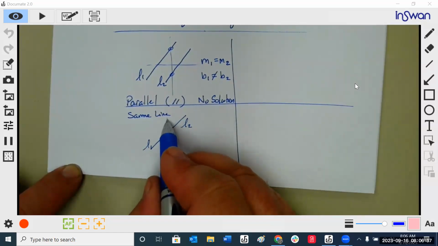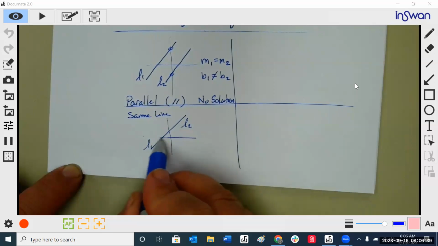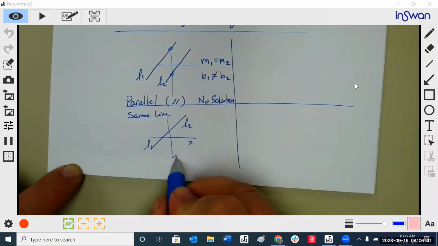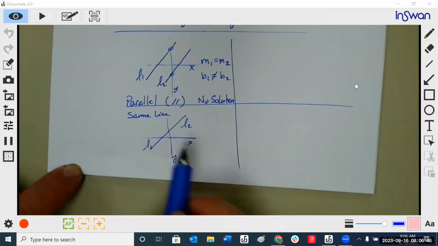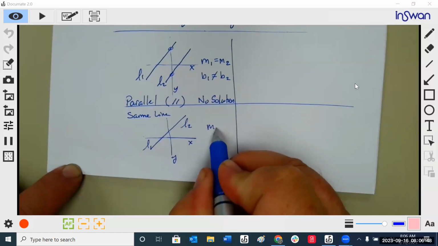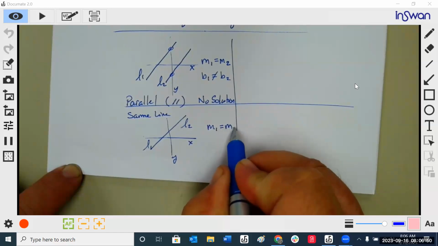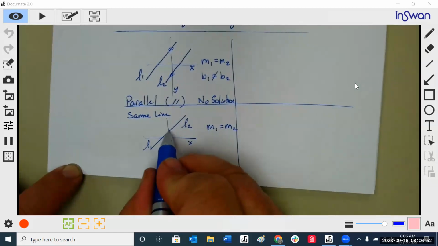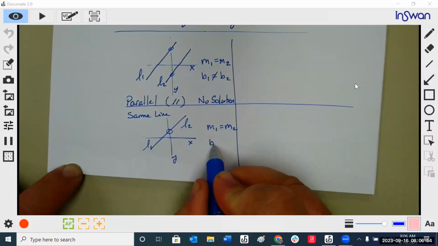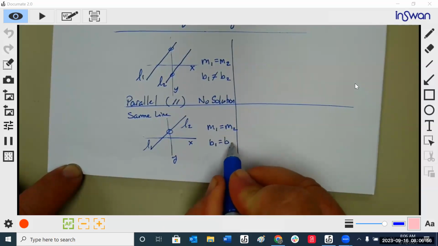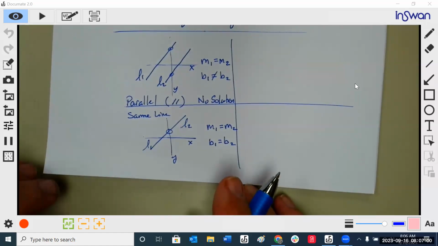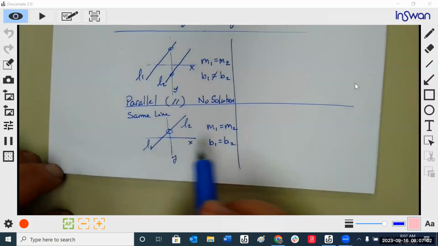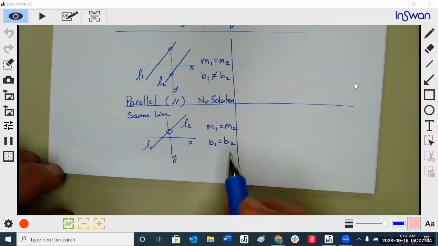Here, the two equations have the same slopes, but they also have the same y-intercept.